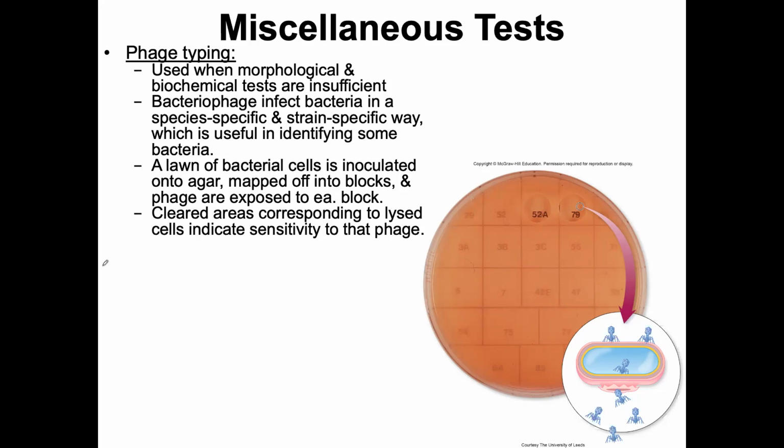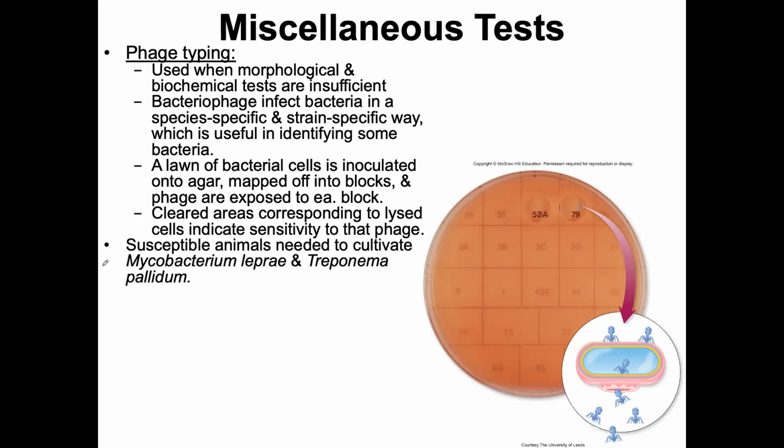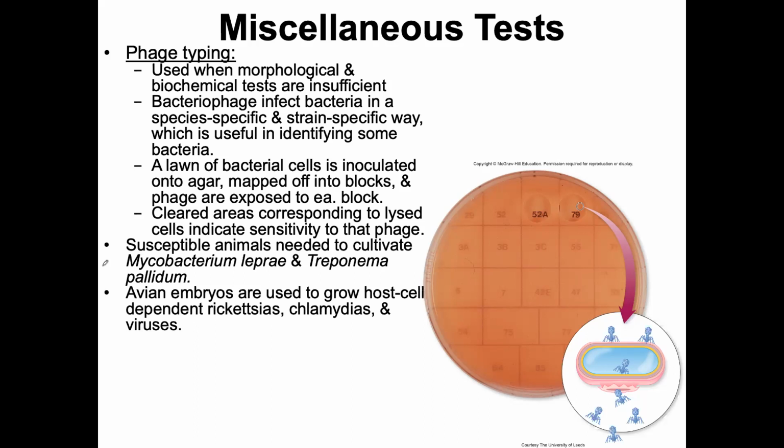Then based on that particular phage's host range, we know who the bad guy is, okay? Susceptible animals are needed to cultivate Mycobacterium and Treponema, okay? Well, bird embryos are used to grow host cell dependent Rickettsia, chlamydia, and virus, okay? And that's usually a chick embryo.